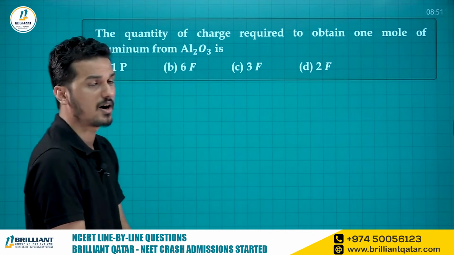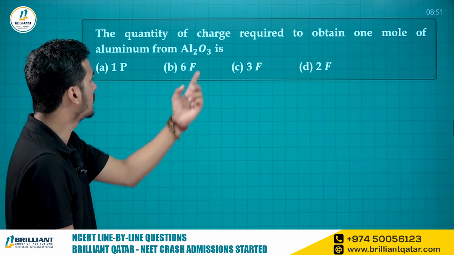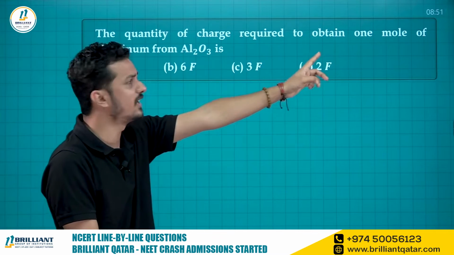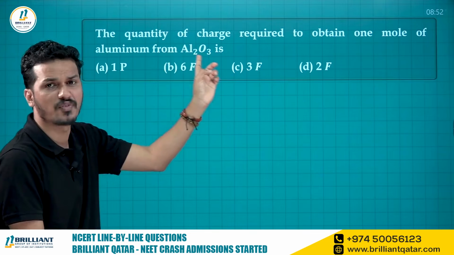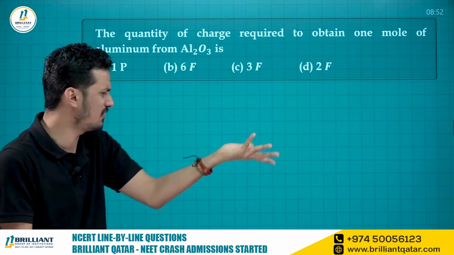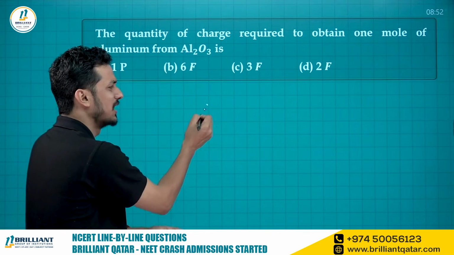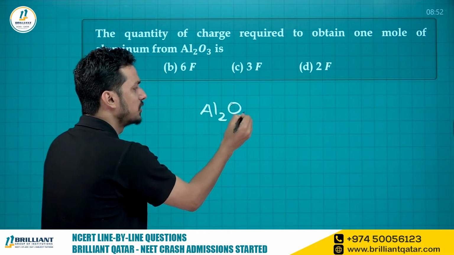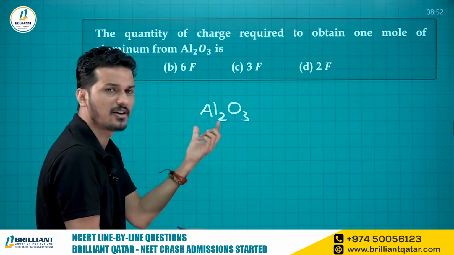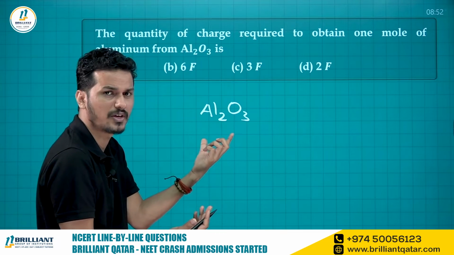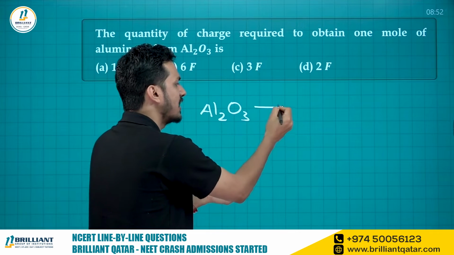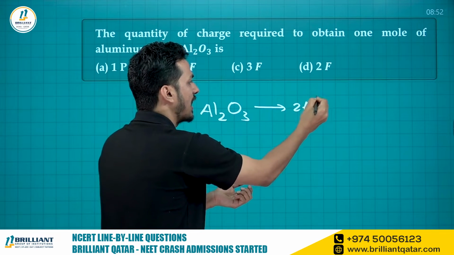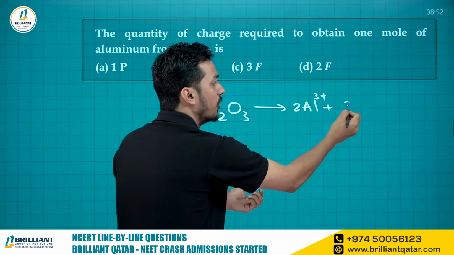This is the next question. The quantity of charge required to obtain 1 mole of aluminium from Al2O3 is: what about the idea? Simple. How can we write Al2O3, guys? Al2O3 will dissociate as 2Al3+ plus 3O2-.